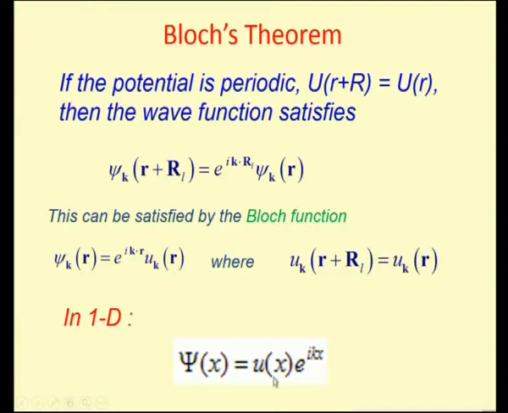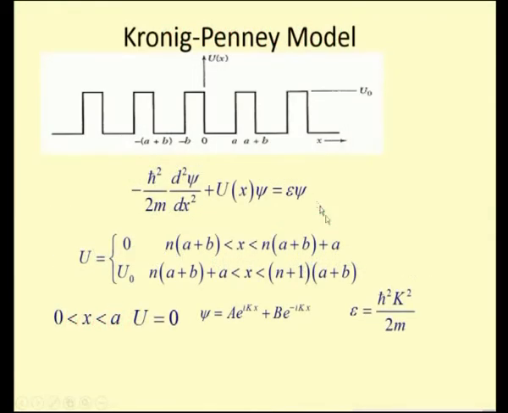And we have this property: small u k of r plus capital R is again periodic, and therefore this is equivalent to u k of r. That means the potential within one well is repeatedly occurring after every R, and this is to solve the Schrodinger equation with this periodic potential.